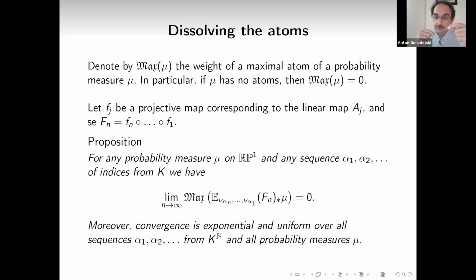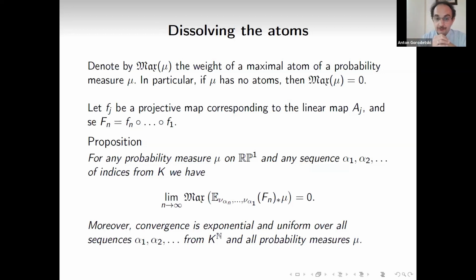And you cannot exclude that the image of one atom under the first matrix and the image of another atom under the second matrix will coincide. So you cannot immediately say that each time we split the weight of the atom somehow.